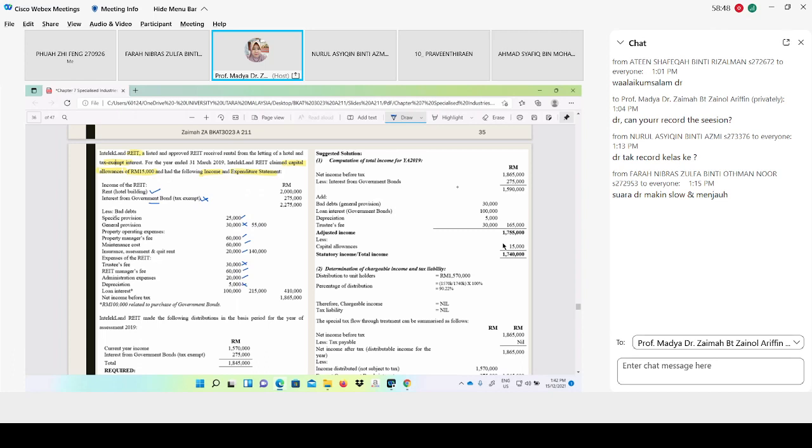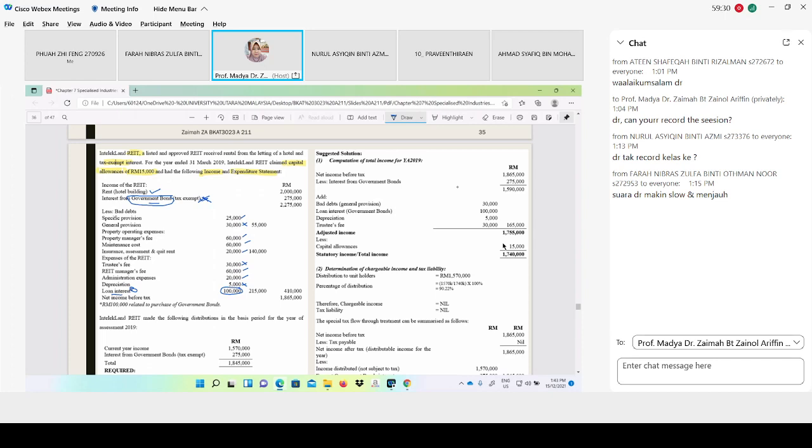The word loan interest is allowable, but you need to read further the asterisk here. Loan interest of 100,000 is related to the purchase of government bond. So the total amount of 100,000 is related to gaining income from the government bond. That interest income is exempted from tax. When you incur costs to generate this income, the cost is supposed to be deducted against the interest income.